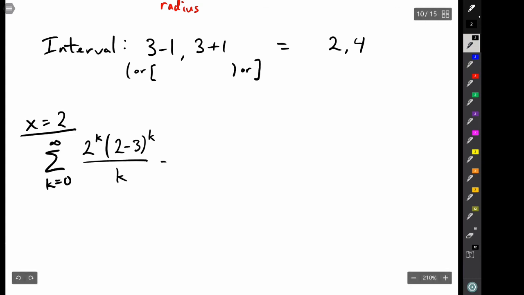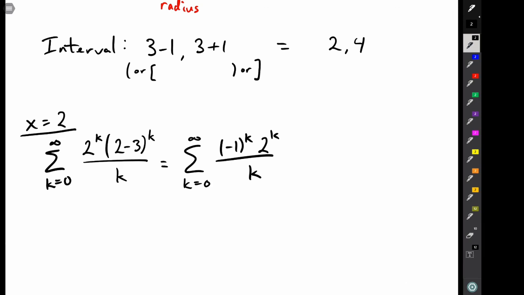If we simplify, this is negative 1 to the k, 2 to the k over k.